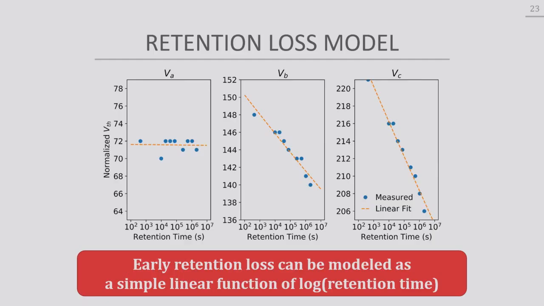As we can see, the empirical optimum follows a linear trend very well. So this means that early retention loss can be modeled as a simple linear function of the log of retention time. And it turns out that a similar trend also applies to many other parameters, including raw bit error rate and so on.